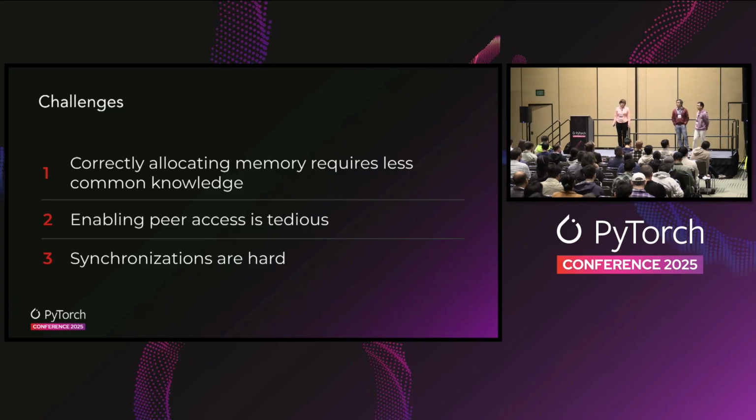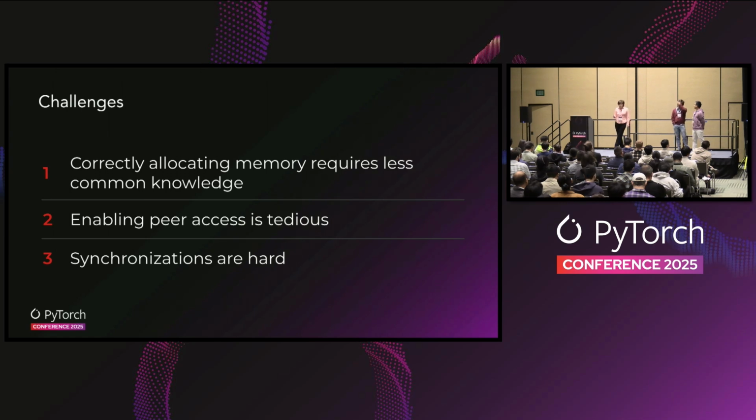They need to agree between themselves when a particular memory is safe to write to, when it's safe to read from. Are all the reads and writes visible the way we expect them to be visible? Memory spaces in GPUs are a complicated topic, and getting it correct is hard.